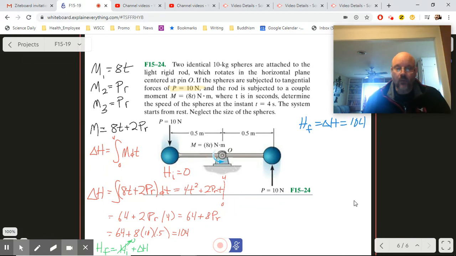But what do we put for that? What do we do with that? In this case, we've got these two objects. So we've got M1 R1 V1 plus M2 R2 V2. That's equal to 104.